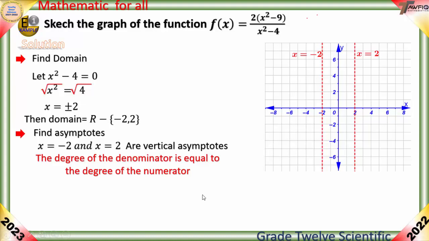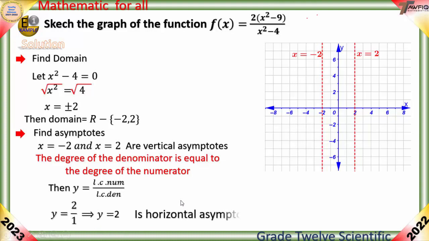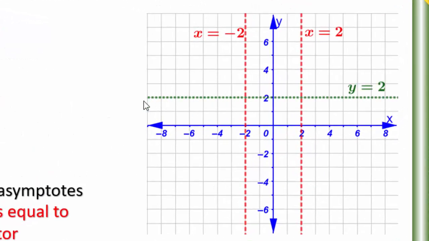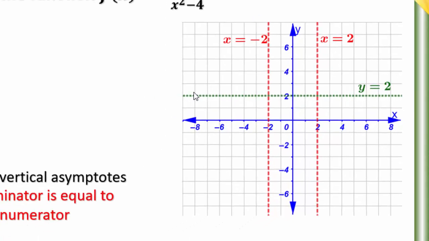Because of that, y is equal to the leading coefficient of the numerator over the leading coefficient of the denominator, which is 2 over 1. That means y equal to 2 is a horizontal asymptote. This is the horizontal asymptote.